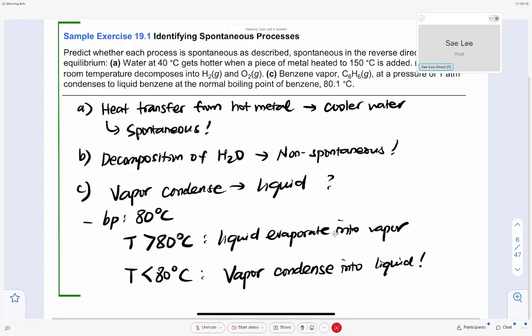Does that make sense? Yes. And the same idea: at temperature higher than the boiling point, the vapor will never condense into liquid. Only when temperature is lower than the boiling point will the vapor naturally, spontaneously condense into liquid. Okay?